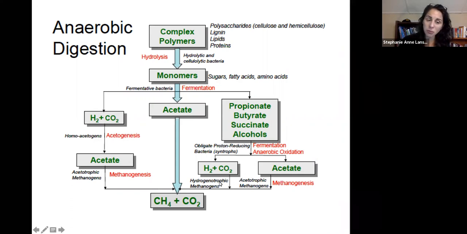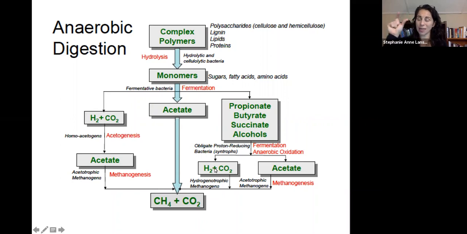But we can also make it through hydrogenotrophic methanogens. What the hydrogenotrophic methanogens do is they take that H2 and that CO2 and put them together to get CH4, okay? And normally in your digester, about 70 to 80% of your methane is going to come through this acetate route, and about 20% is going to come through this hydrogenotrophic route, okay?